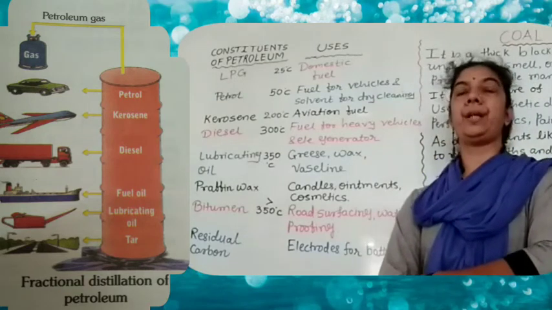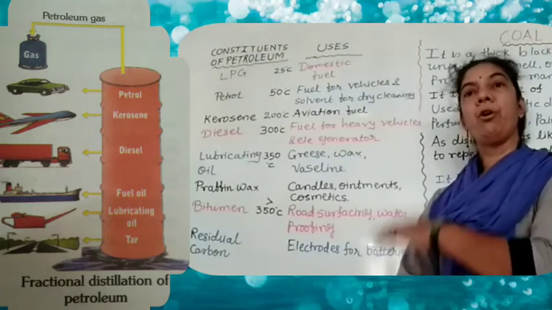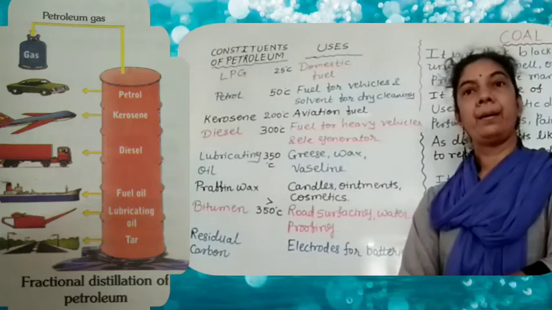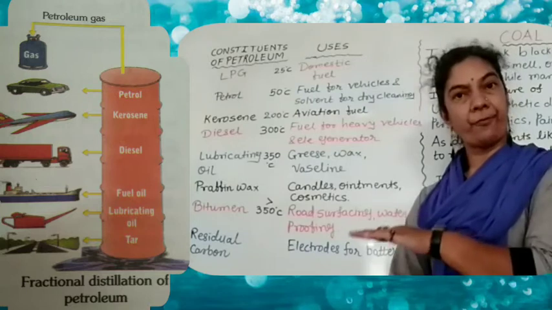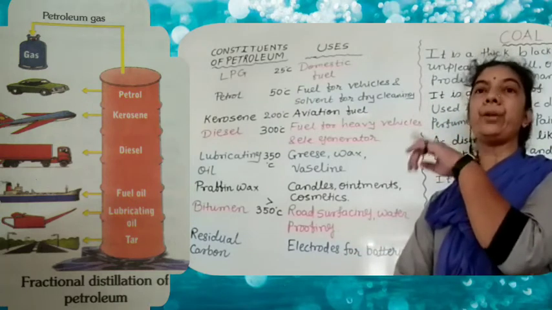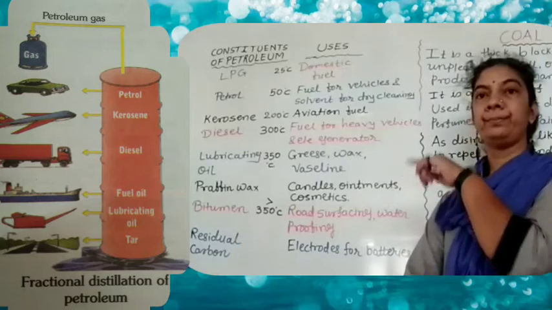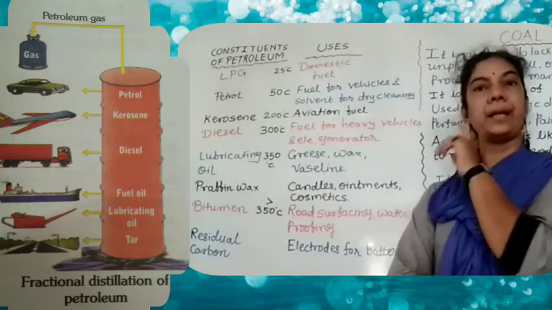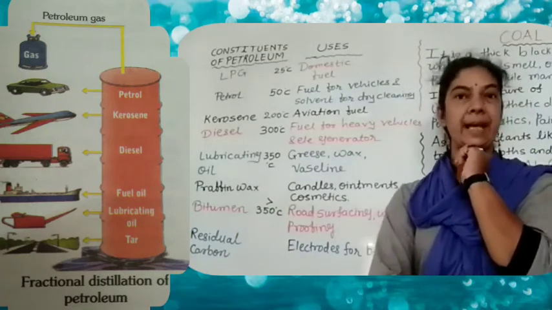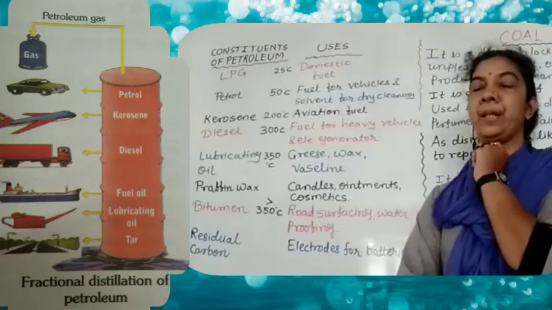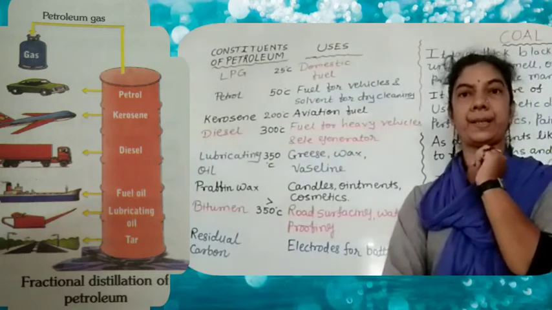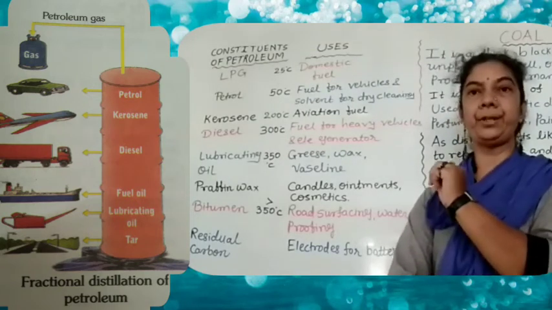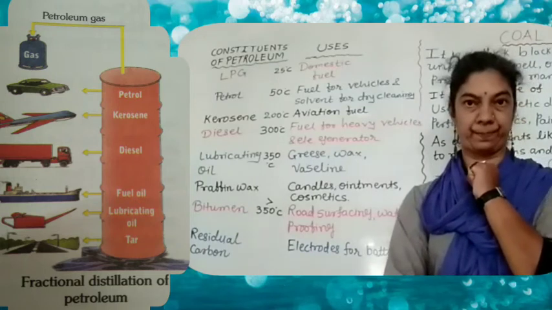In this fractionating column, different horizontal trays are there, and as solids are found at the bottom, in between liquids are found, and at the top, as the temperature is very low, the gases are found. As we had discussed, the concept of fractional distillation depends on the difference in the boiling points of all these substances.